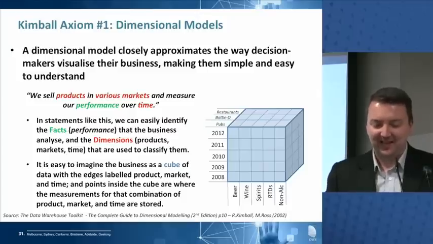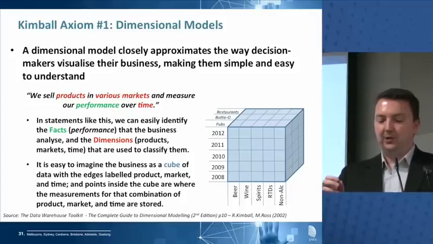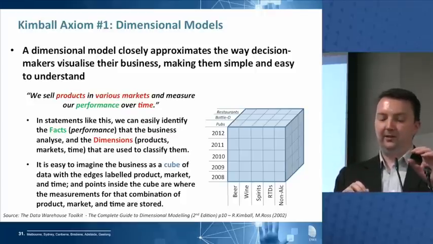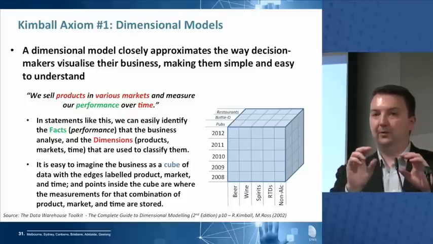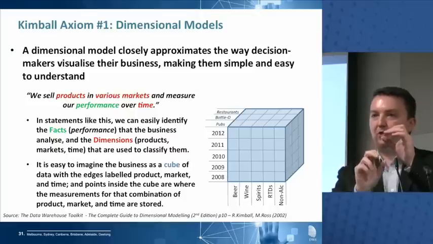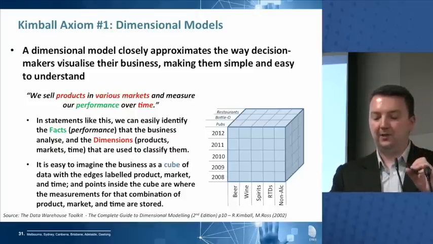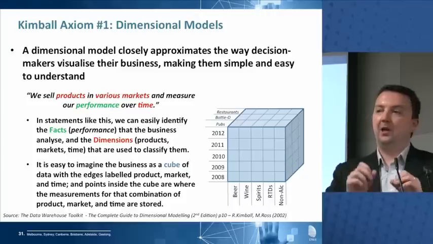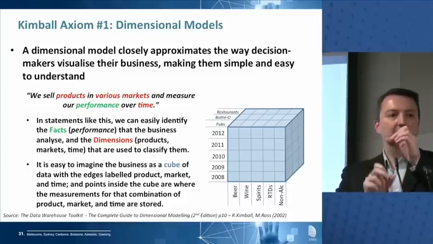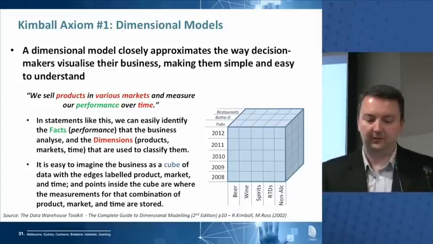So, we can also ask questions like, just going across 2 dimensions, we could say, okay, beer at pubs, and then not just pick one element from the other dimension of time. We can pick the entire stream of time, and we can track the sale of beer in pubs over time by taking that strip of data in the cube and plotting it on a graph, if we like.